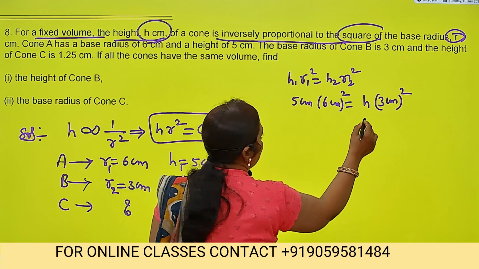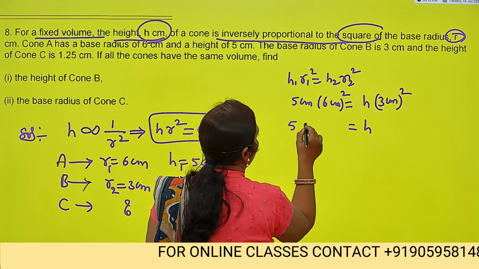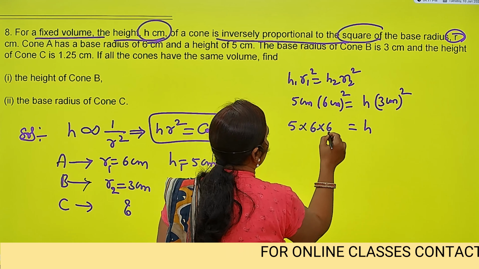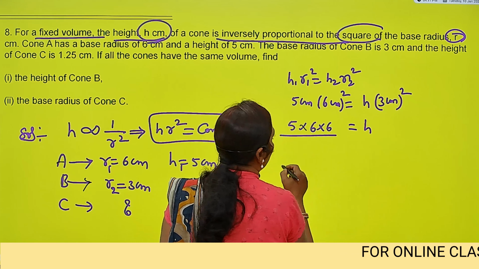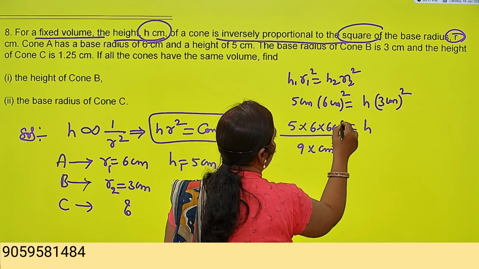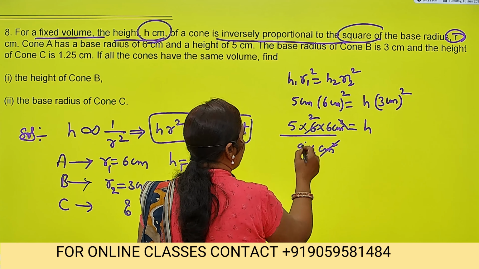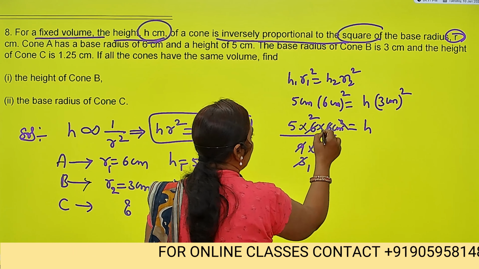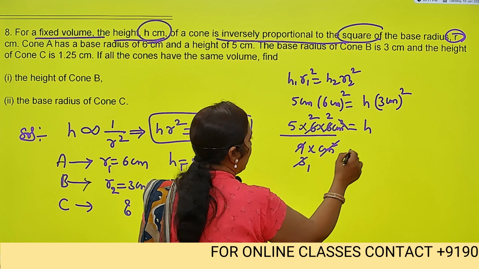Here height is equal to 5 into 6 centimeters cubed over 3 into 3, 9 centimeters square. Centimeter square cancels. What is the height here? H equals 20 centimeters. So cone B height is 20 centimeters.